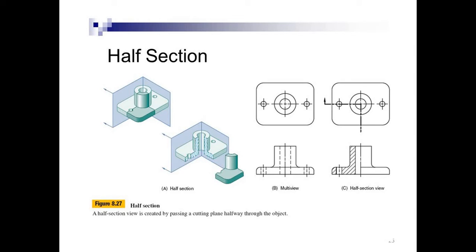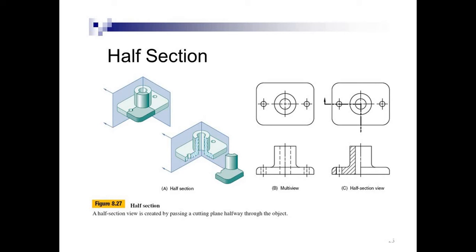Here two views are there: one is a multi-view and the second is a half section view. Multi-view means without any section. When the component is cut at the center by two cutting planes at 90 degrees and that 1/4 part of the object is removed, the resulting view is called a half section view.